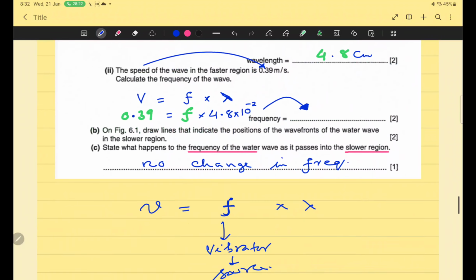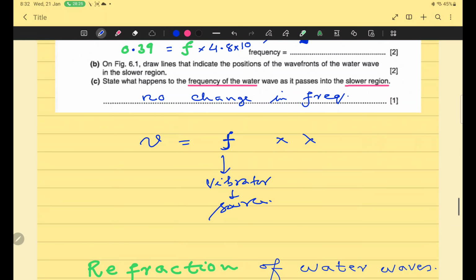So Arisha beta, note this important point. In refraction of water wave, and in refraction of light wave, frequency remains constant, but speed and wavelength change. In deep water, speed is faster and wavelength is longer.